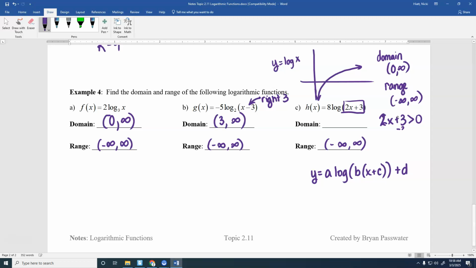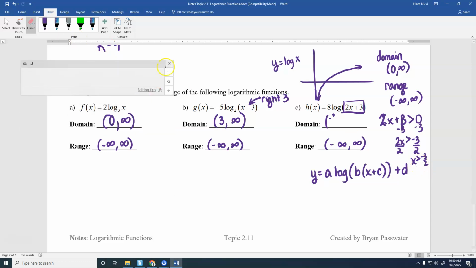So then I can just solve this simple little inequality here. 2x is greater than negative 3, and I could divide by 2. And so x is greater than negative 3 halves. So my domain is going to be negative, oh, I'm sorry. I added an or equal to at the very end for no reason, because it should not be there.